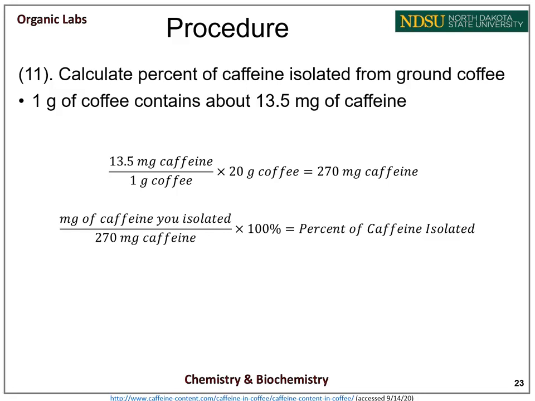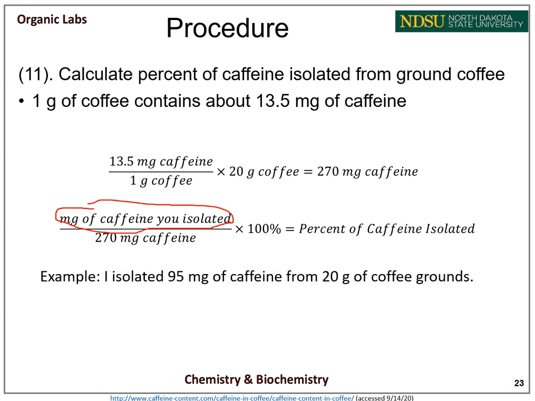Then you take the amount of caffeine that you actually isolated right here and then divide that by the 270 milligrams of caffeine. Multiply that by 100% and that gets you the percent of caffeine that was isolated. So, for example, say I isolated 95 milligrams of caffeine from 20 grams of coffee grounds.